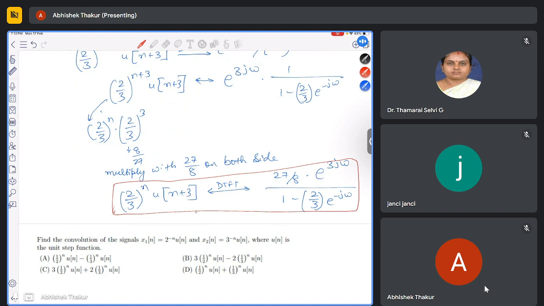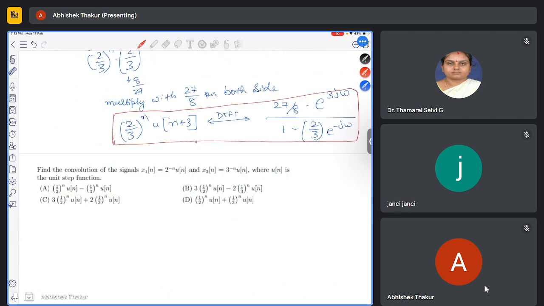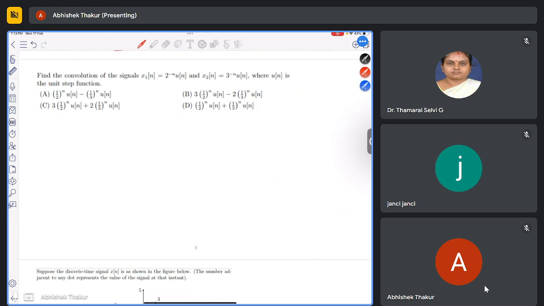Now we'll move on to the next question. If you have any doubt, you can ask here. So the next question is: find the convolution of the signal x1[n] and x2[n], where u[n] is the unit step function.